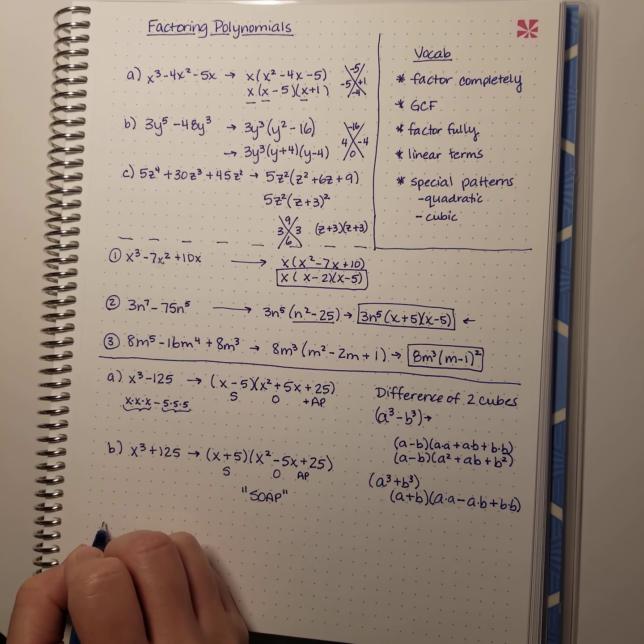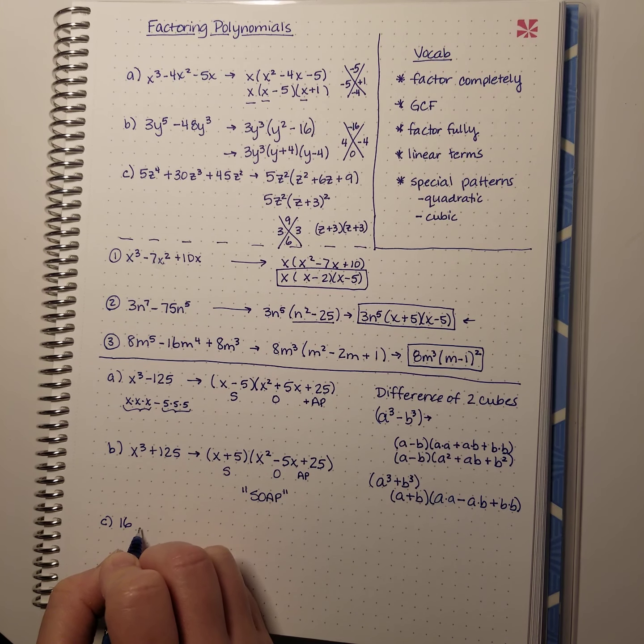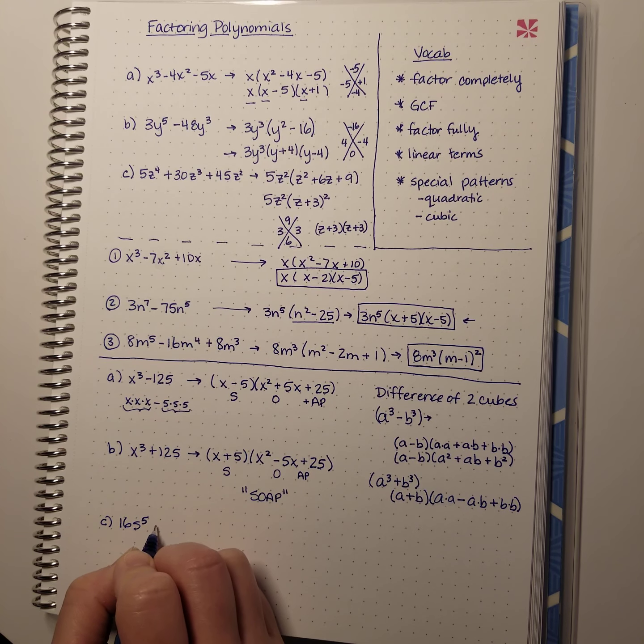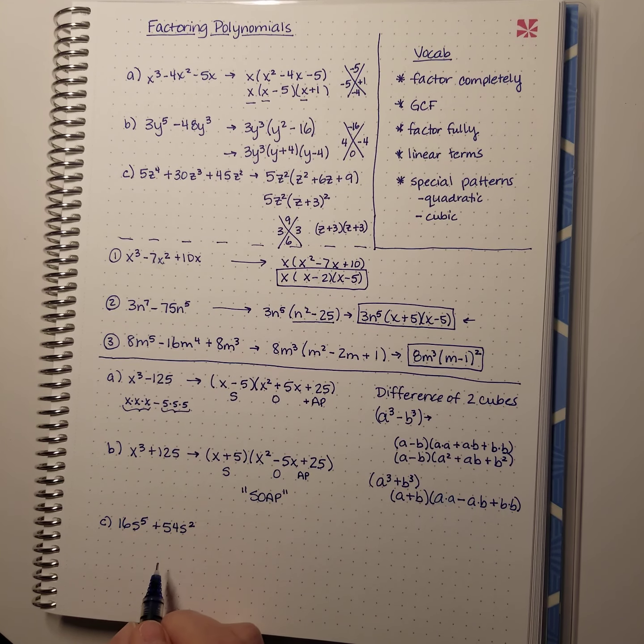So let's try a couple. Let's try this one, a little more complicated: 16 s to the 5th plus 54 s squared. Okay, so remember, whenever we're factoring, we need to do our GCF first. So look, these are both even.